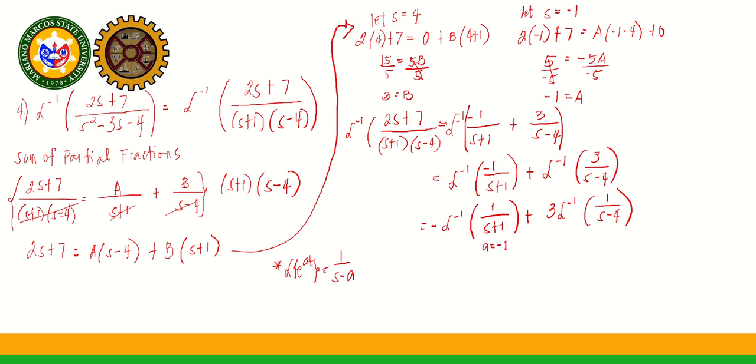So, negative times negative 1 is positive. And here naman, a is equal to 4. So, getting the final answer, the inverse Laplace of this function is equal to negative e raised to negative t plus 3e raised to 4t since positive yung a natin dito. So, this is our final answer for example number 4.